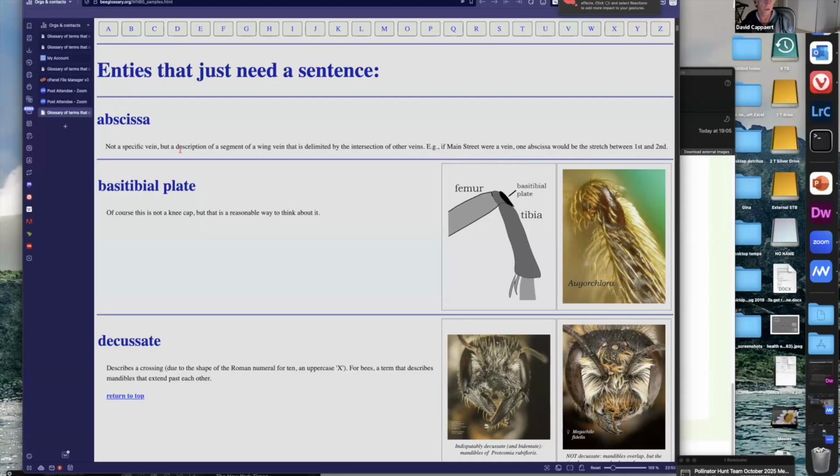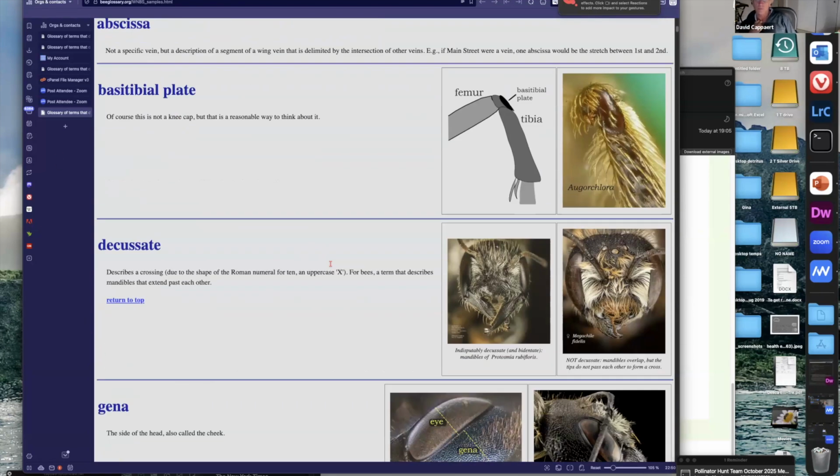I described it as: if Main Street was a vein, one abscissa would be a stretch between First Street and Second Street. Hopefully that's simple and not confusing, but it doesn't even need a picture. Another one is basitibial plate. It's pretty darn simple. It's a kneecap, so I don't need to elaborate on that very much.